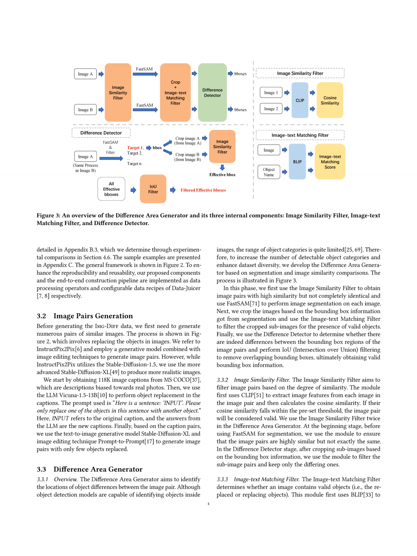The main algorithm steps begin with the image pairs generation, where the original image caption is modified to reflect the object change, and the advanced Stable Diffusion XL model is used to create the new image. Next, the difference area generator identifies the bounding box around the replaced object using segmentation and similarity filters, ensuring that the images are highly similar but not identical.